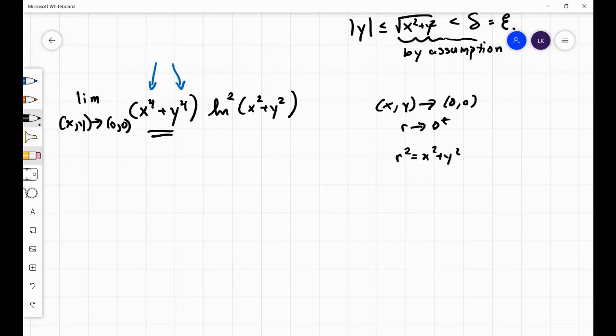But there are some, again, playing around with inequalities. You can essentially squeeze this limit to be 0. So what can I do? Notice that x squared plus y squared would give you a bunch of terms if you either use binomial expansion or just FOIL it out.